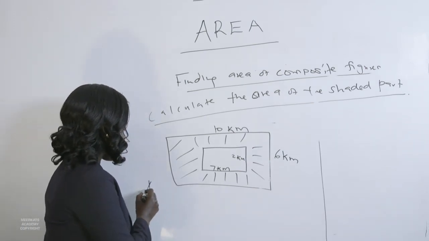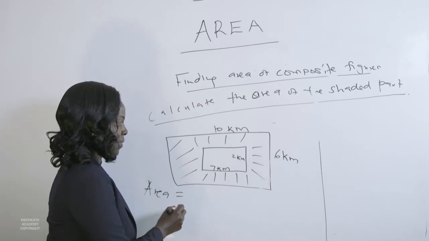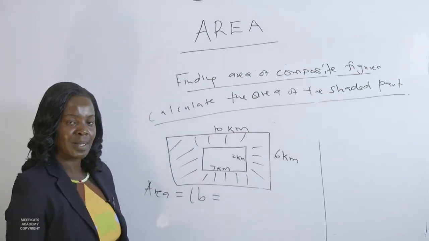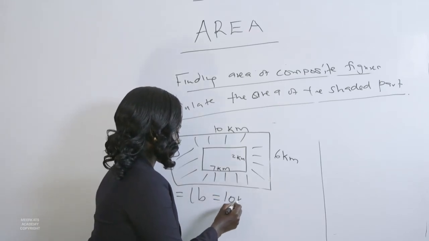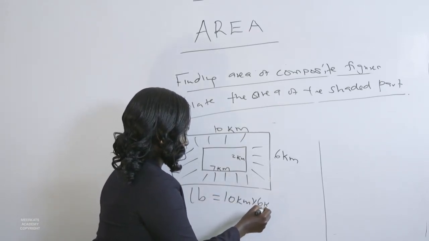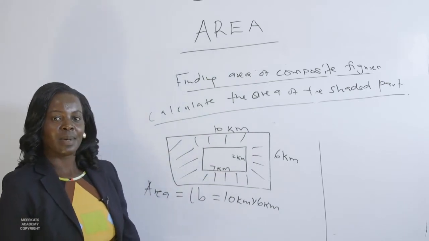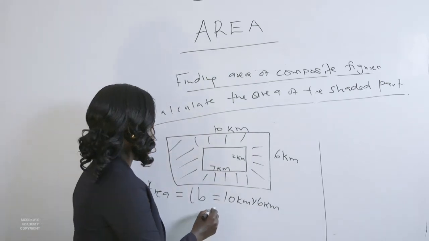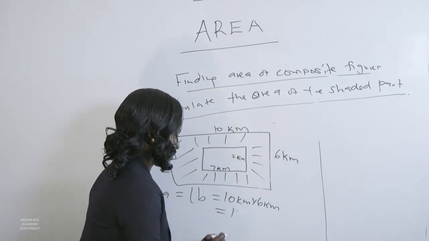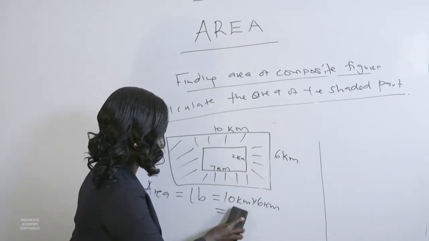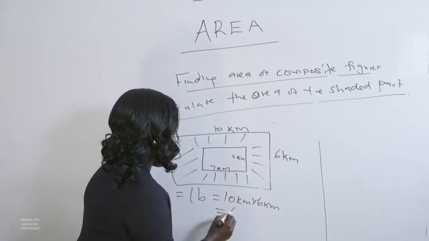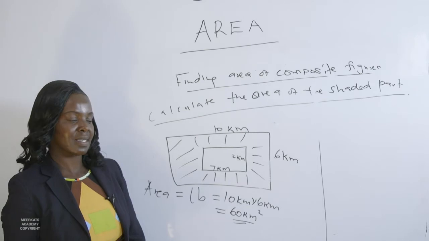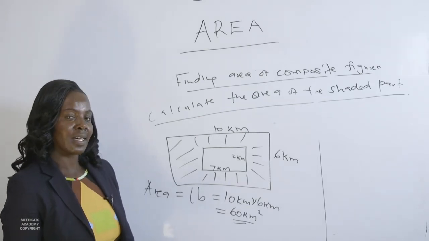So the area of the rectangle, we have said it is length times base, which then will be 10 kilometers multiplied by 6 kilometers. That will give us 60 square kilometers.